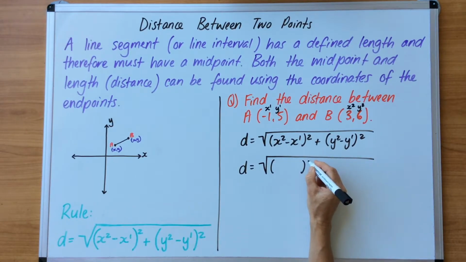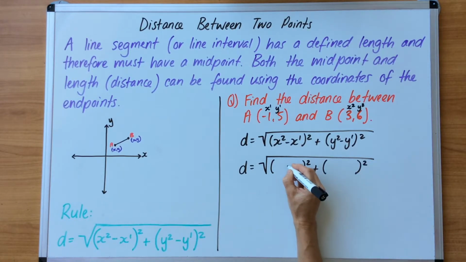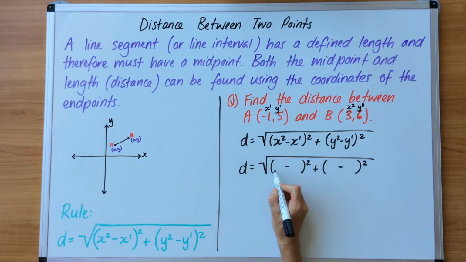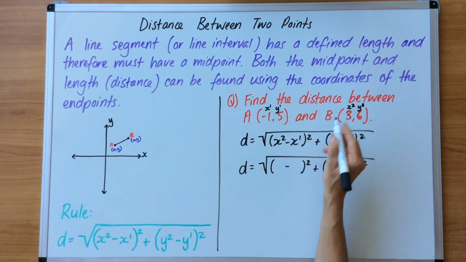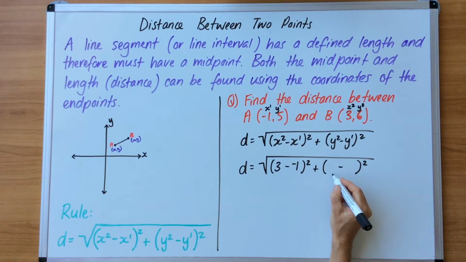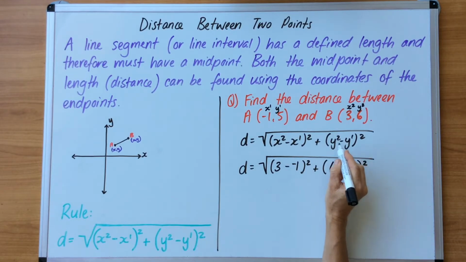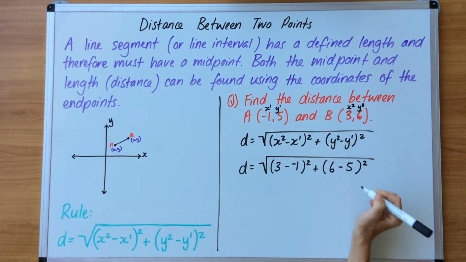And I'm just going to do this quite simply by setting up these brackets and putting our subtractions inside the brackets. So if we're looking at x2, x2 is the number 3, so 3 sits here, and x1 is a -1. Now we go over here to the second one. y2 is 6, and y1 is a 5. So now we've finished our substitution line.